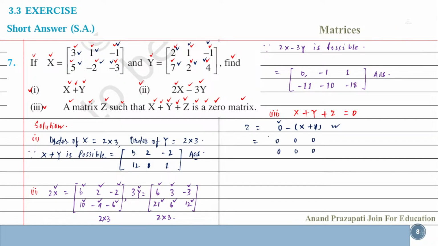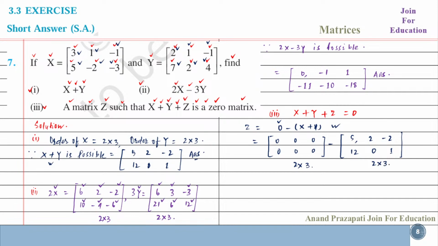This is a 0 matrix of the order 2 by 3. And we write down here minus, and already we have found out X plus Y, which is 5, 2, -2, 12, 0, and 1. The order of this matrix is also 2 by 3. Therefore, the subtraction is possible.